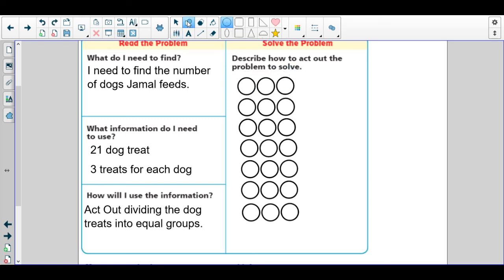And I'll go ahead and use this shape right here. So we have a dog here, and right here, and a 3rd one, a 4th one, a 5th one, 6th, and 7.